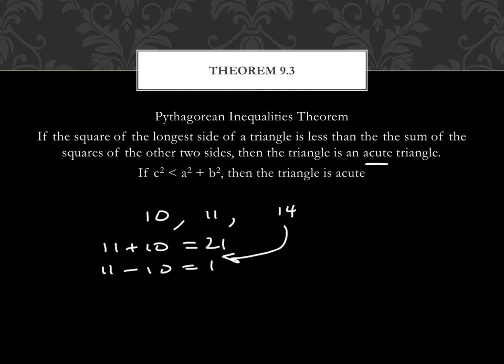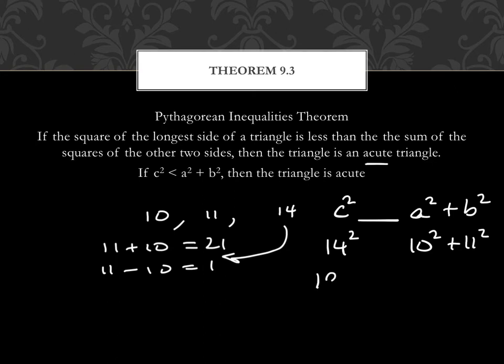So let's try this one. So C squared, I don't know what it is yet. And then I'm going to add A squared and B squared. So my C squared is always the biggest number. A squared, I'm going to make that 10. B, I'll make that the 11. 14 squared is 196. 10 squared is 100. 11 squared is 121.